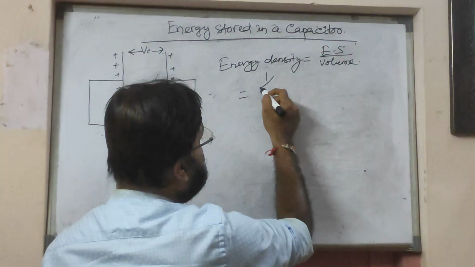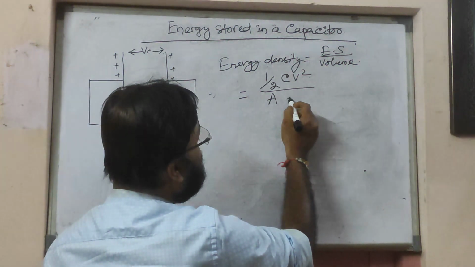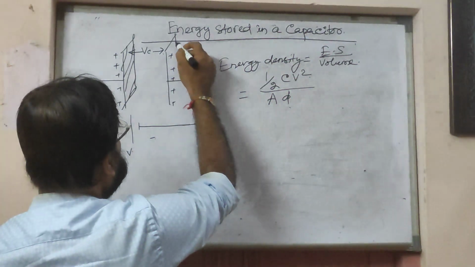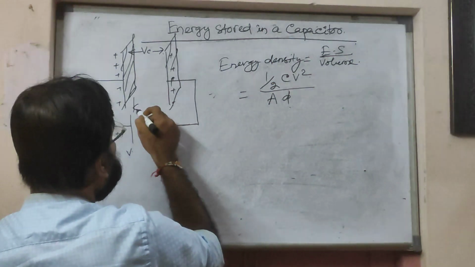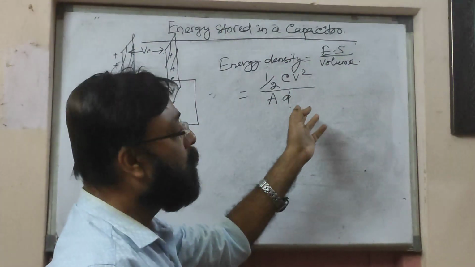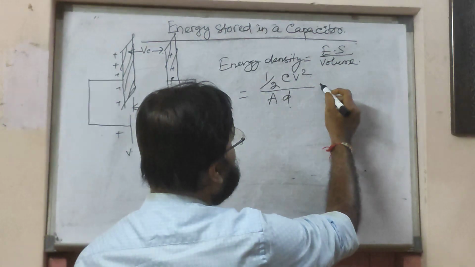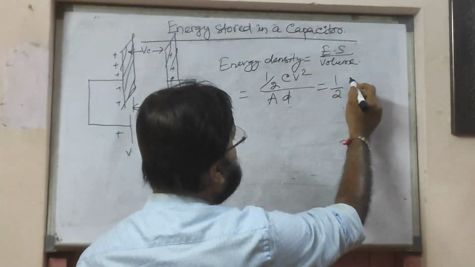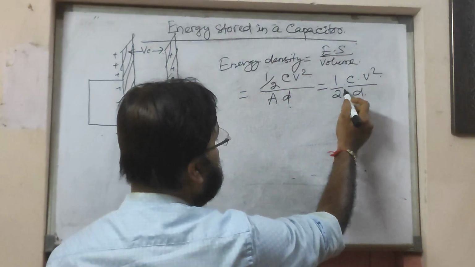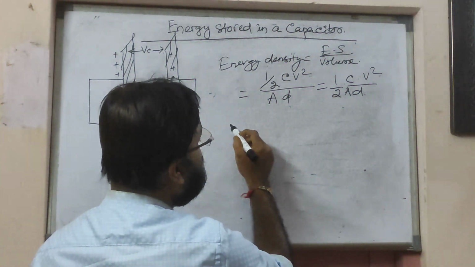The energy stored, as we have derived, is half CV square, divided by the volume, which is A into D. Suppose this is the area of the parallel plate capacitor we are considering, and the distance between the two plates is D. For a parallel plate capacitor, the volume is equal to A into D. So we get half C into V square divided by A into D.